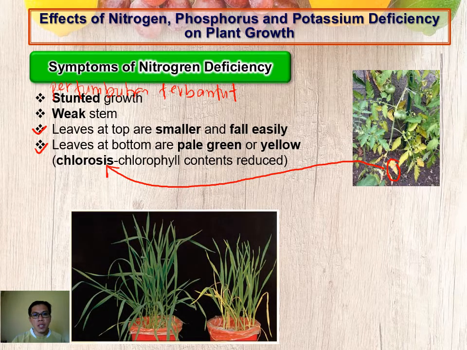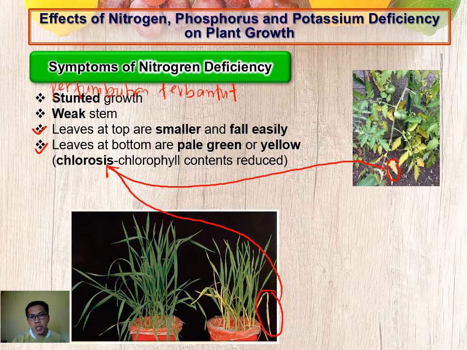Okay, this another example you can see here. Alright, chlorosis, yellowish color. Nampak warna dia warna yang kuning. This is also chlorosis, when the leaf turns to yellow.